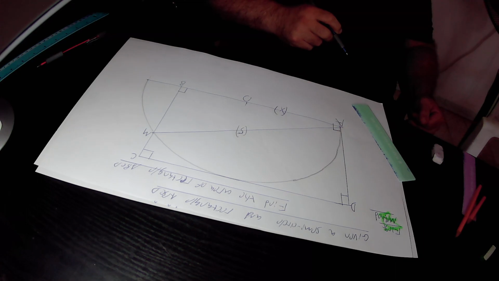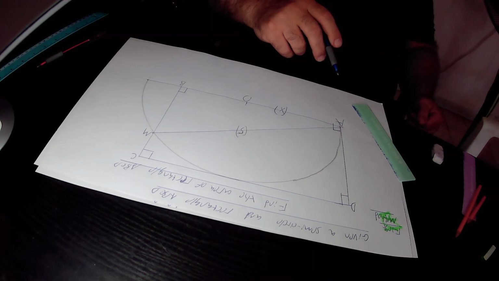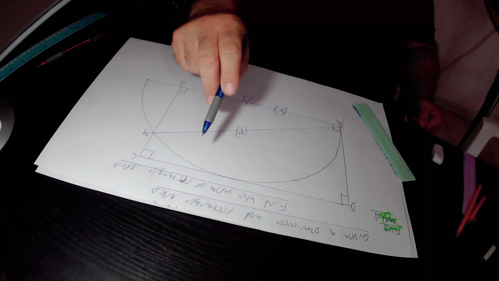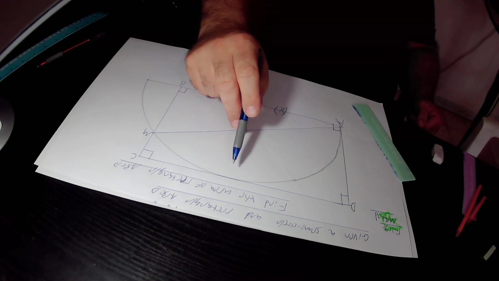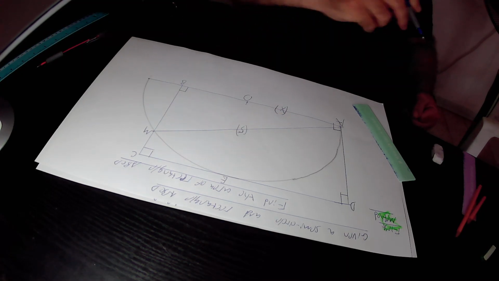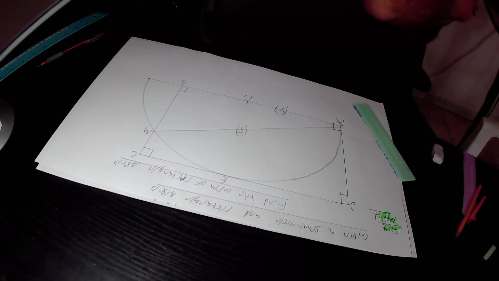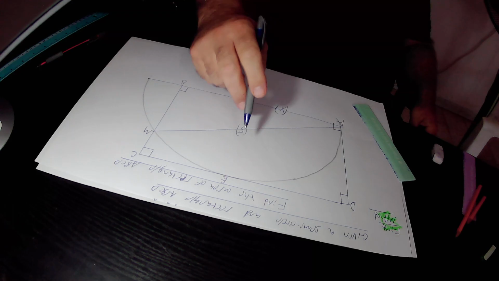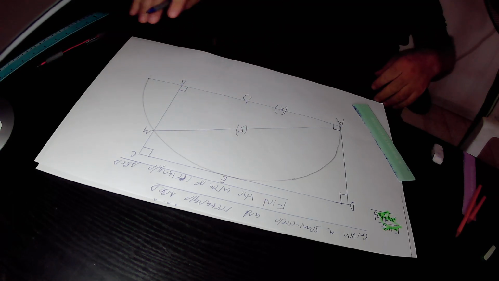We define the point of tangency of tangent DC with this circle. This point is point E. And we'll join points O and E together by a straight line.